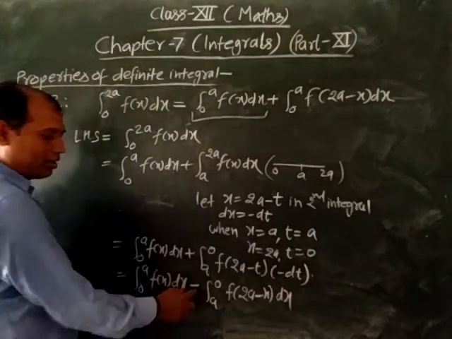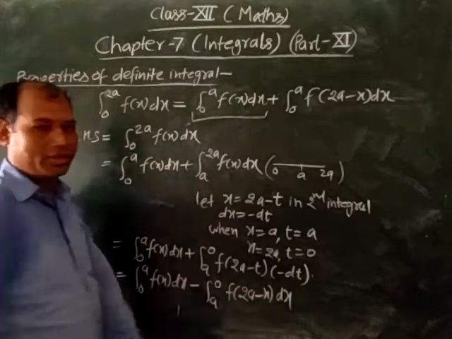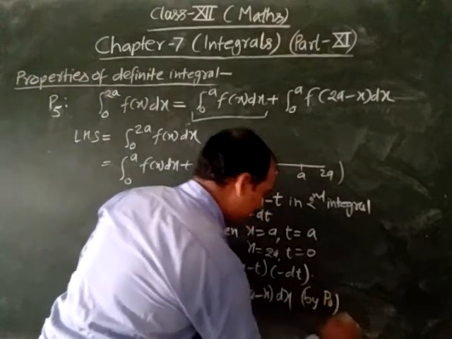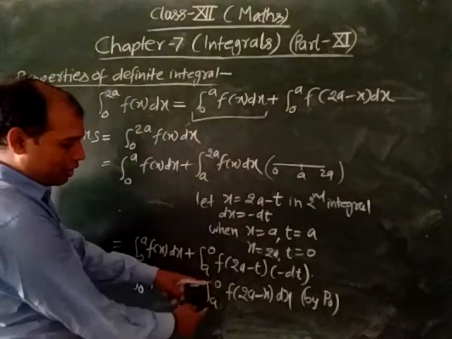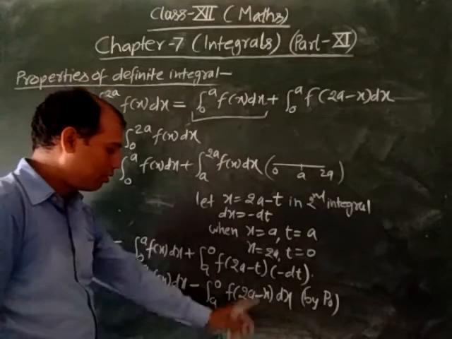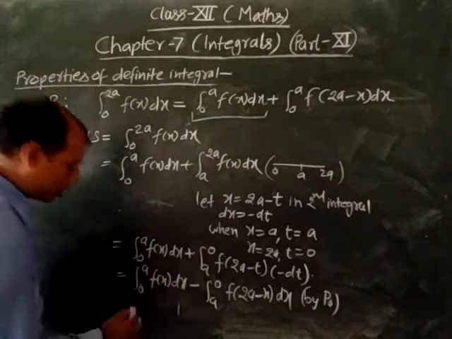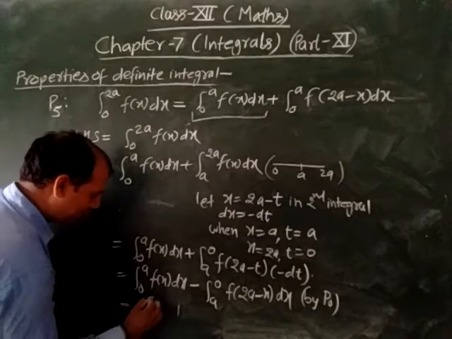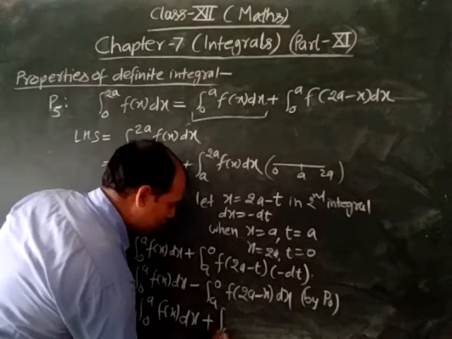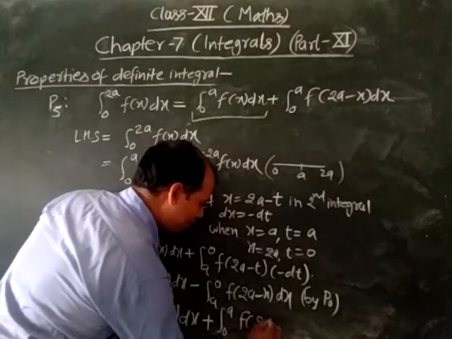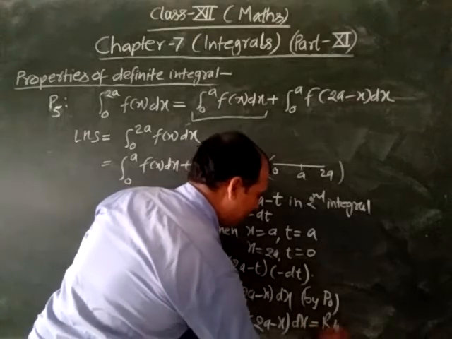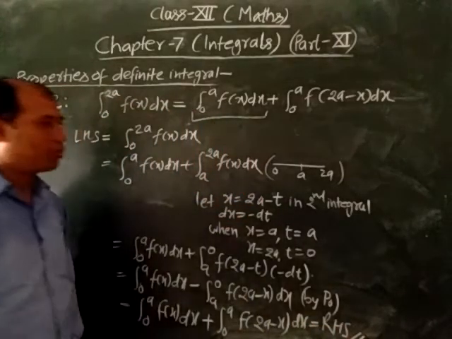Minus sign is written here, and we can change the variable of this by property P0. Now we can interchange the limits. Then the sign of this integral changes from negative to positive. Then we get integral 0 to a of f(x) dx plus integral 0 to a of f(2a minus x) dx. This is RHS. Hence proved.